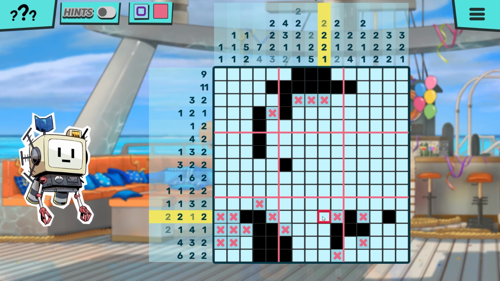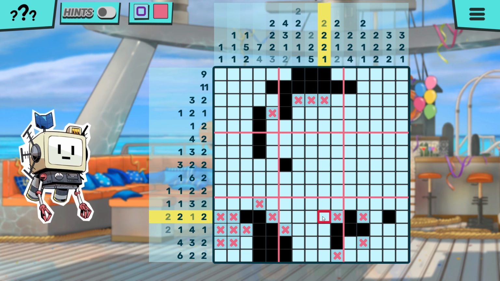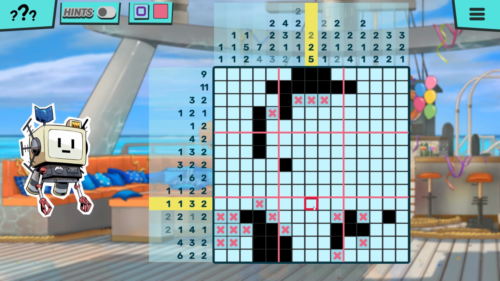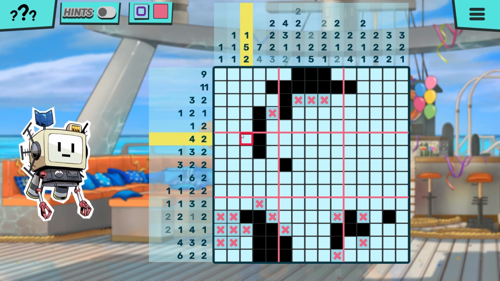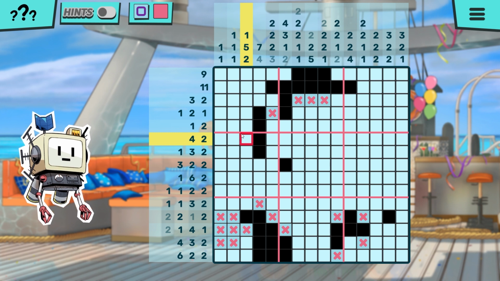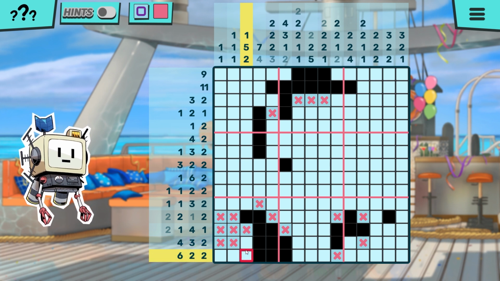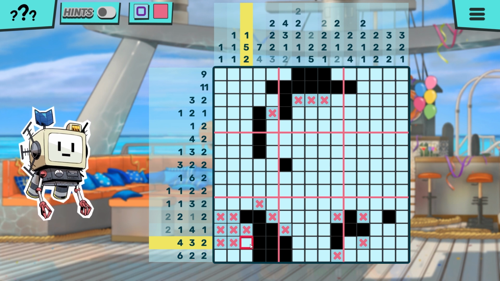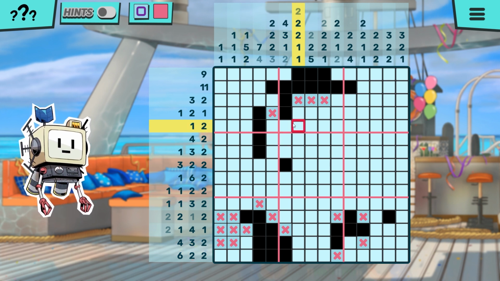And the 2, 2, 2 one wouldn't be good. How about the 1, 5, 2 on that column? Oh, it would be too much, because the 2 could be down here. If we can lock this off, if we can figure out where the 4 is, it makes it easier.